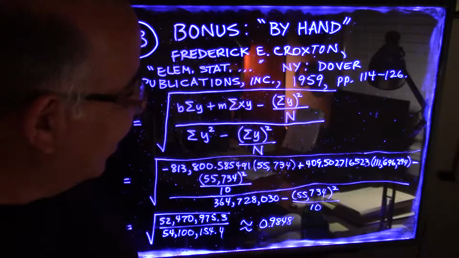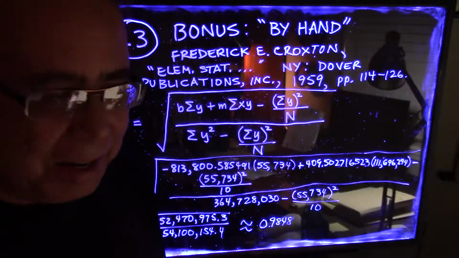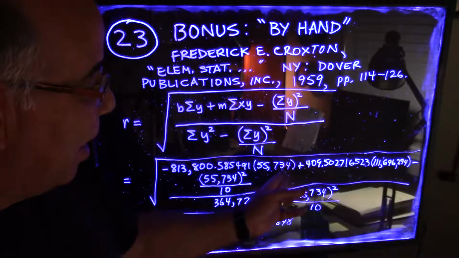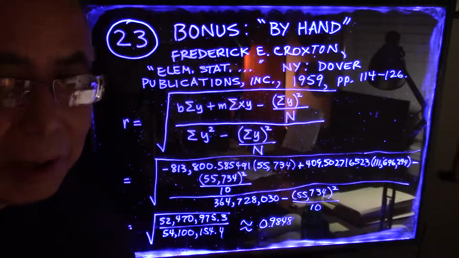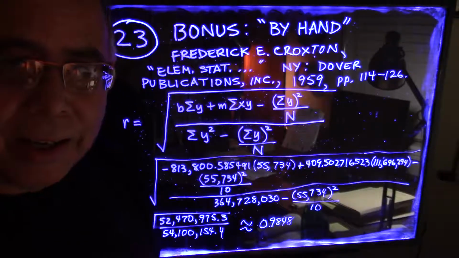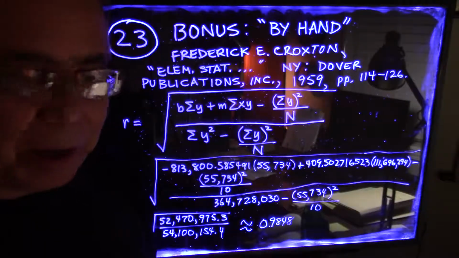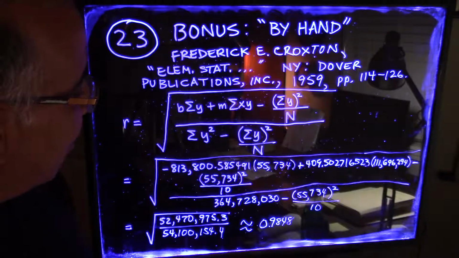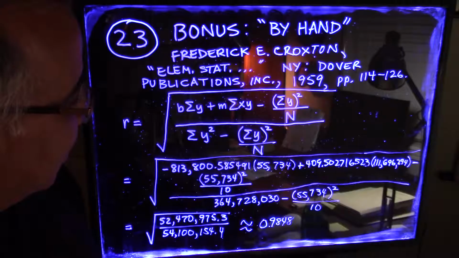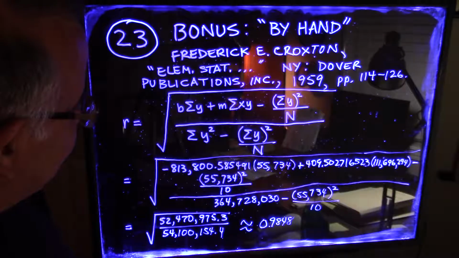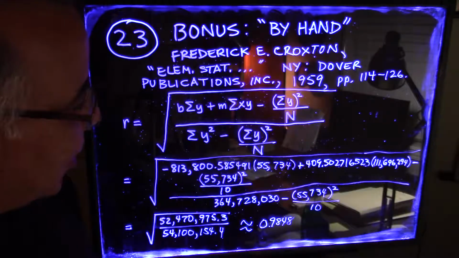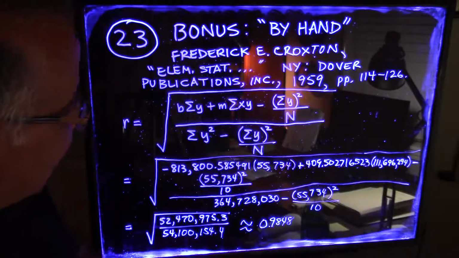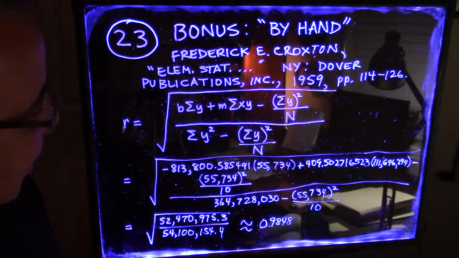He wouldn't even let me do arithmetic with a calculator. I had to do everything by hand, including on the exams, including the final exam, which was a bear. We did it all by hand, and that was quite an experience. Well, there you go. That's how you do it by hand, back in the old school.